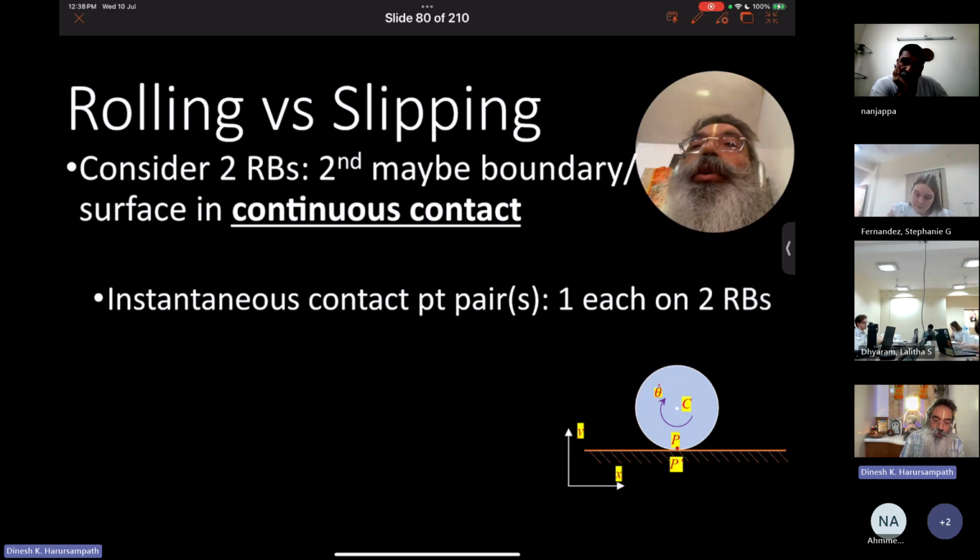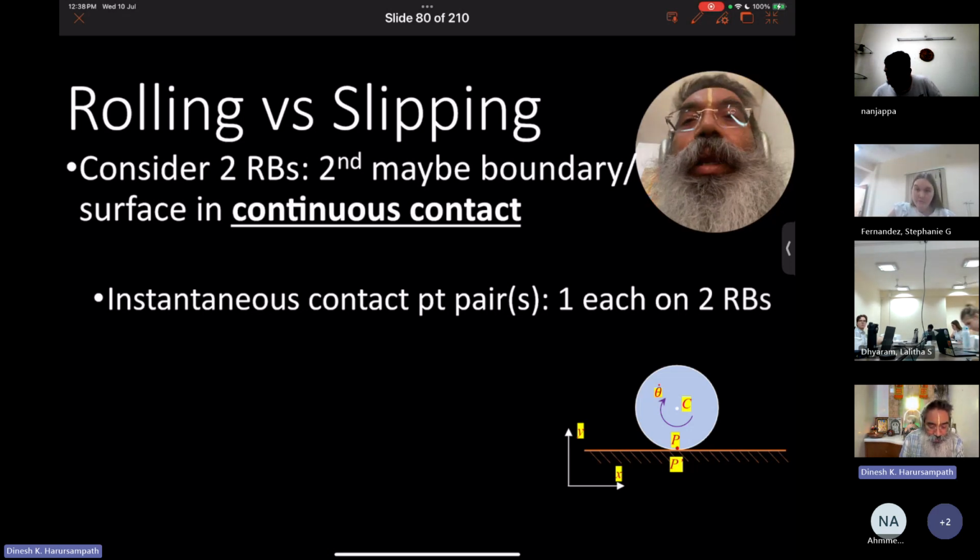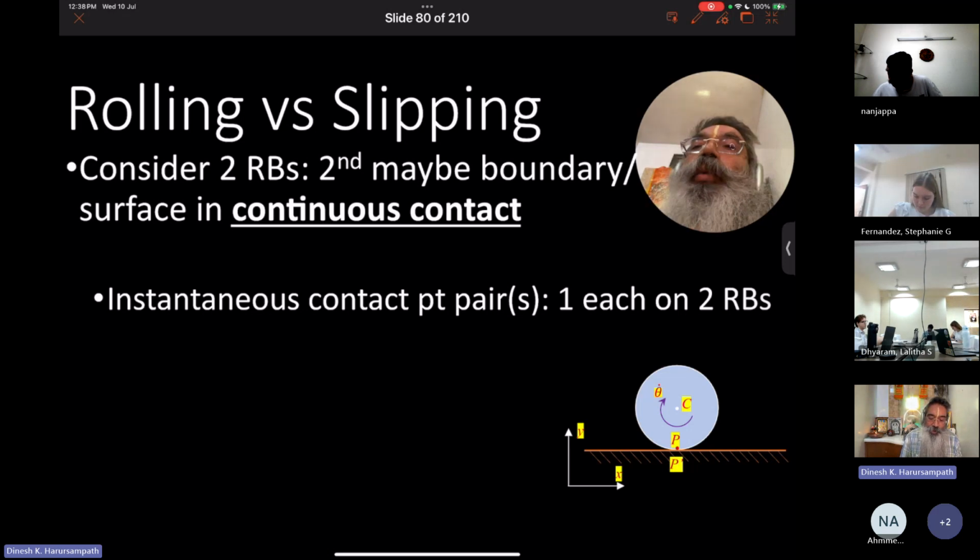This is somewhat similar to the kind of dynamics that I described to you in the very first class, the Lagrangian and Eulerian. In one case, you follow a material point. In the other case, you are essentially looking at a particular location and seeing anything which is traversing past it. So it's something similar to that.